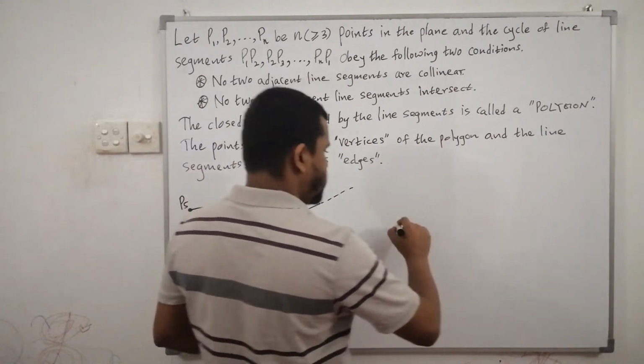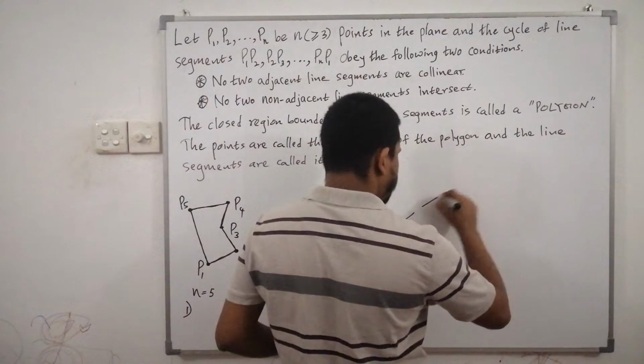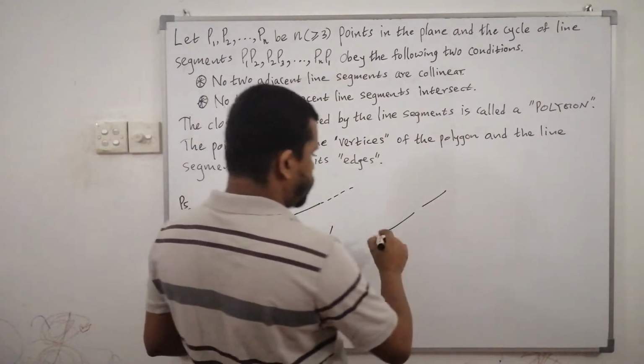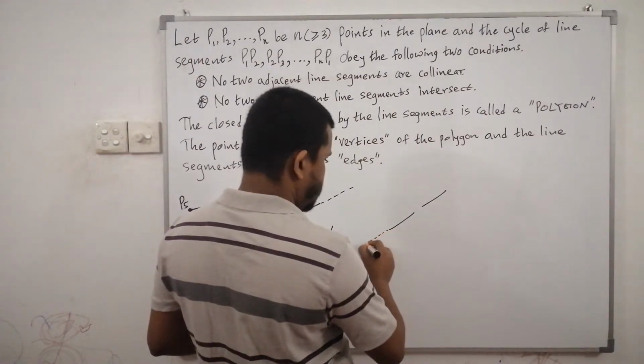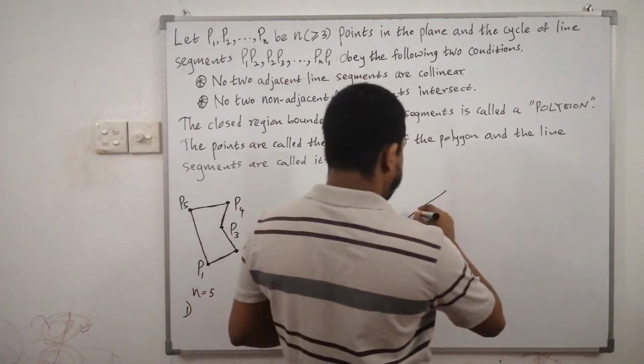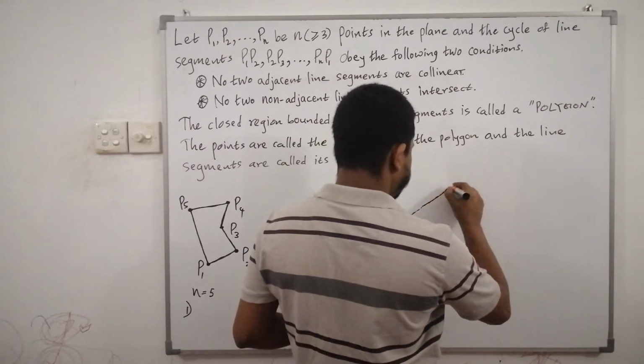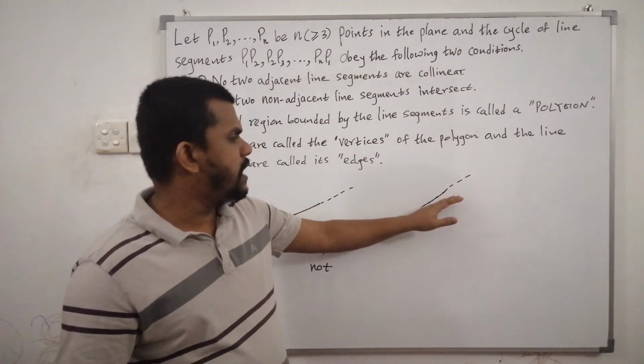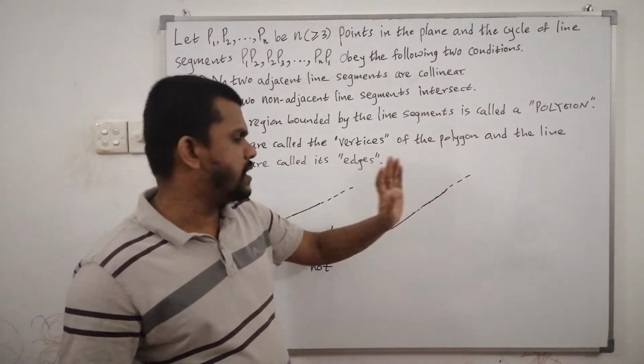But what happens if we consider these two line segments? If we draw a straight line through one particular line segment, the other line segment lies on that straight line.